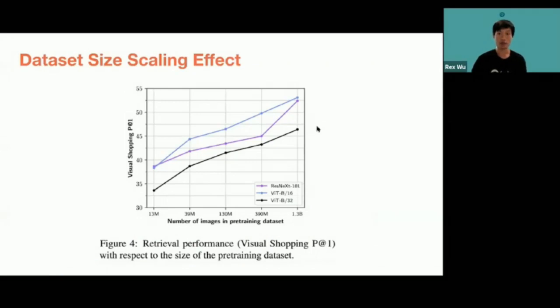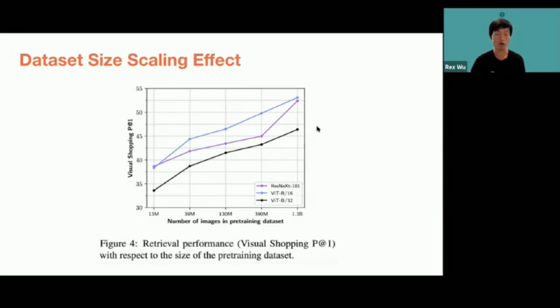Then we ran a Bayesian study to show how this vision transformer model compares to the CNN one. The Bayesian study is on pre-training dataset size. In this figure, you can see on the left-hand side, when we are in the smaller pre-training data regions, the CNN model performs better than both ViT models.